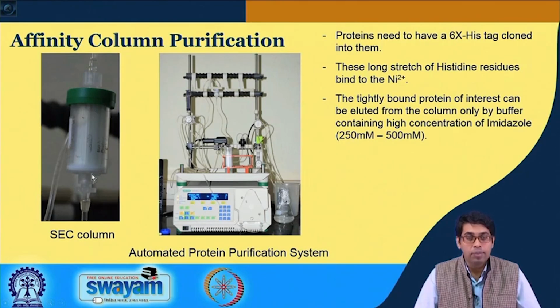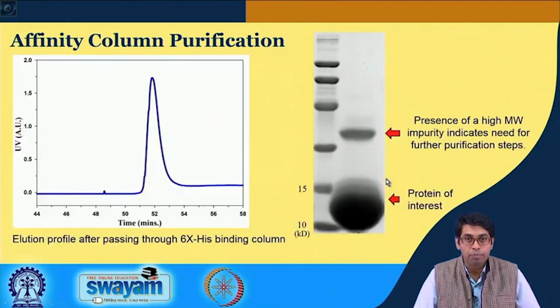So, this can be exhaustively washed with a wash buffer, and finally, when all the proteins are washed out and only your protein is bound, your protein can be eluted using a high concentration of imidazole, which is the side chain of a histidine residue. So, 250 millimolar or 500 millimolar of imidazole can be used to elute the protein.